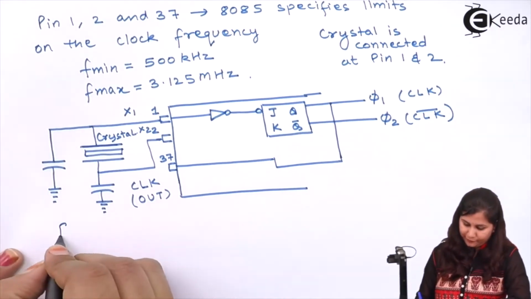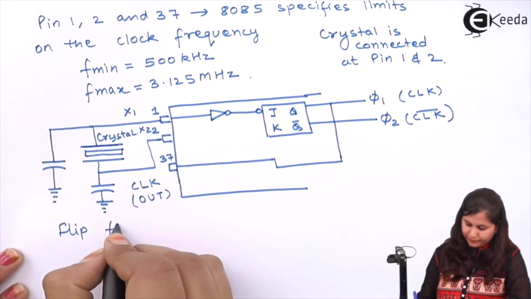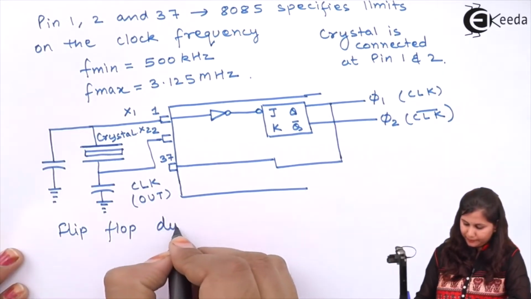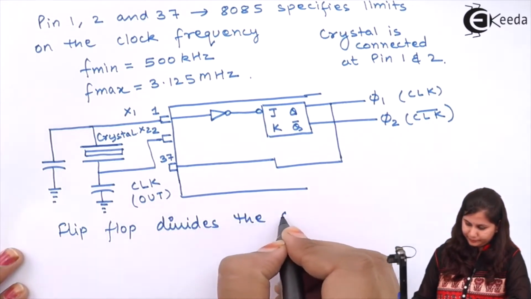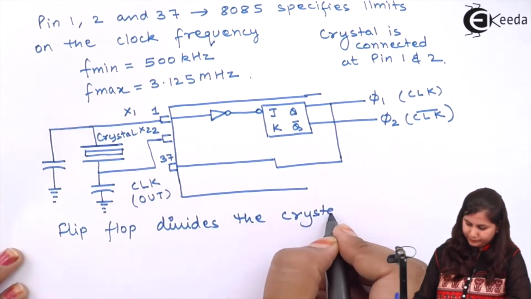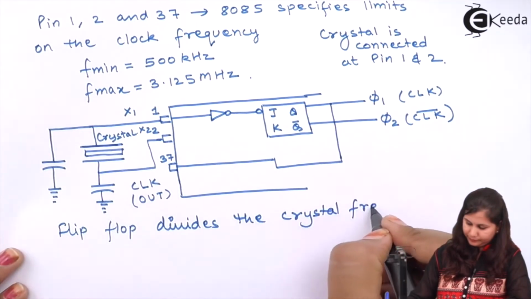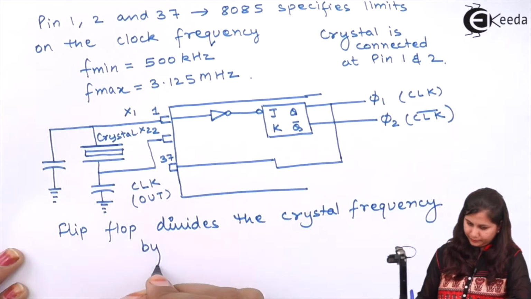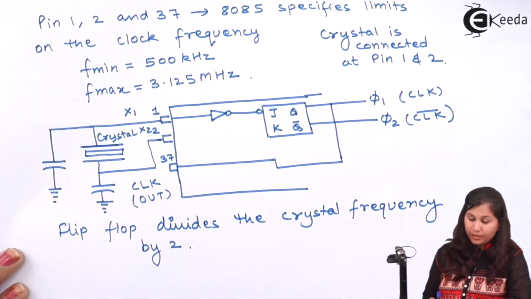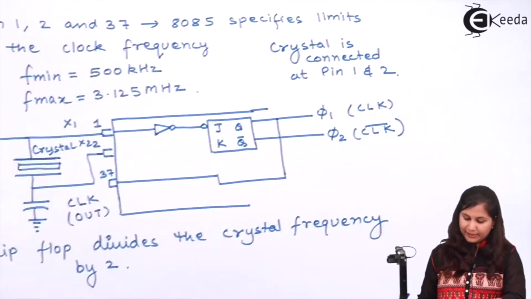So we have a flip-flop that divides the crystal frequency by 2.